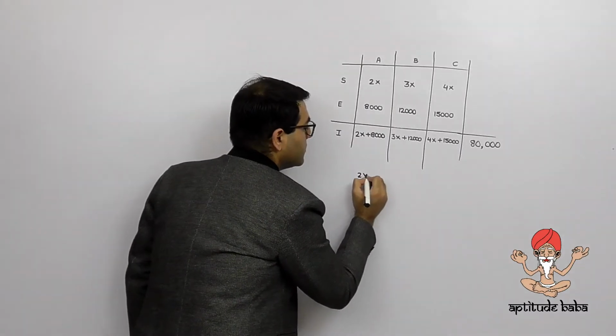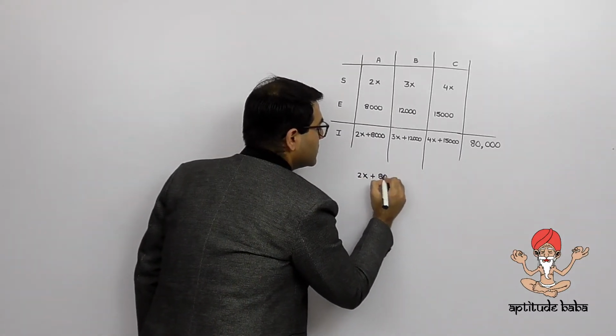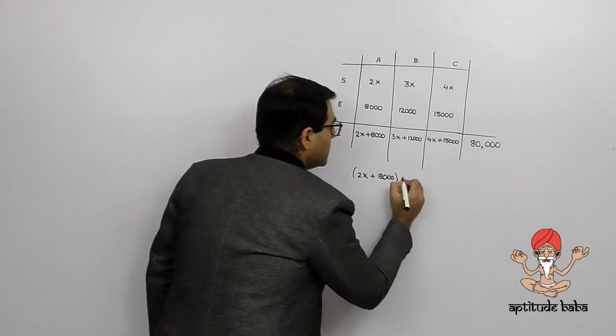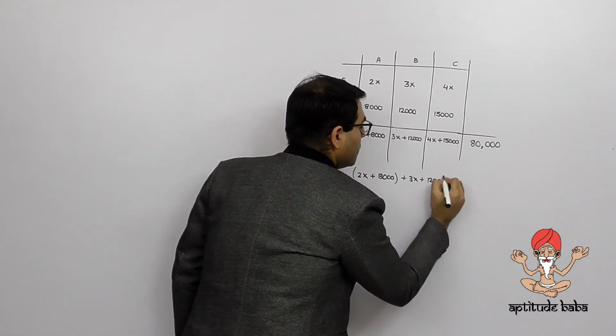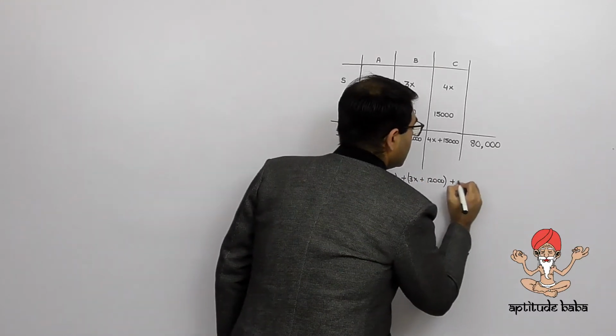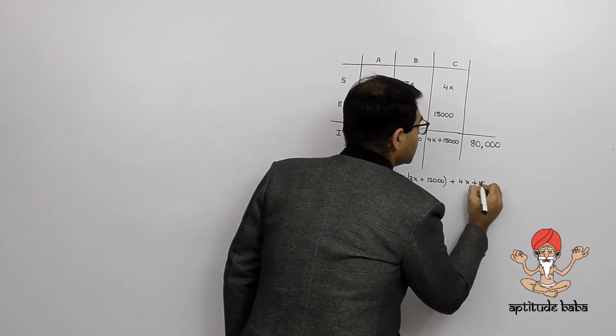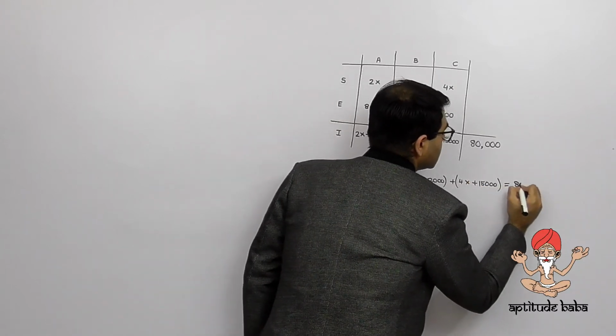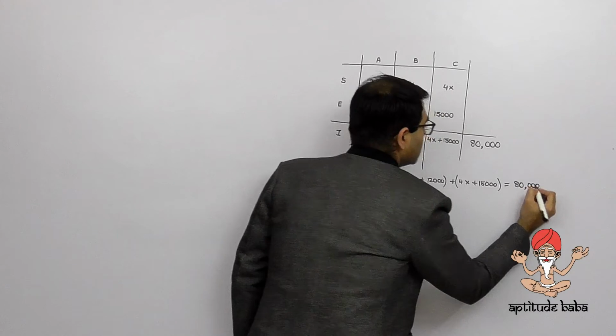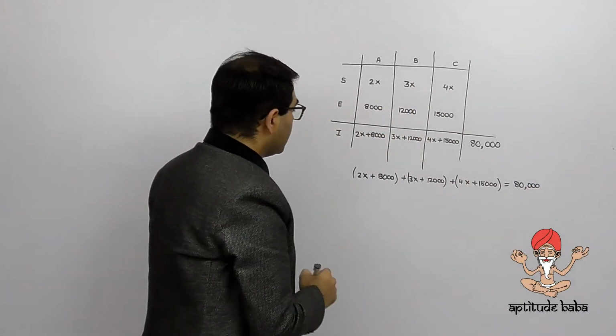So let's create the equation now. 2x plus 8,000 was A's income. 3x plus 12,000 was B's income and 4x plus 15,000 was C's income और ये तीनों incomes का sum 80,000 है. Now the next thing that we can do is that we can simplify this equation.